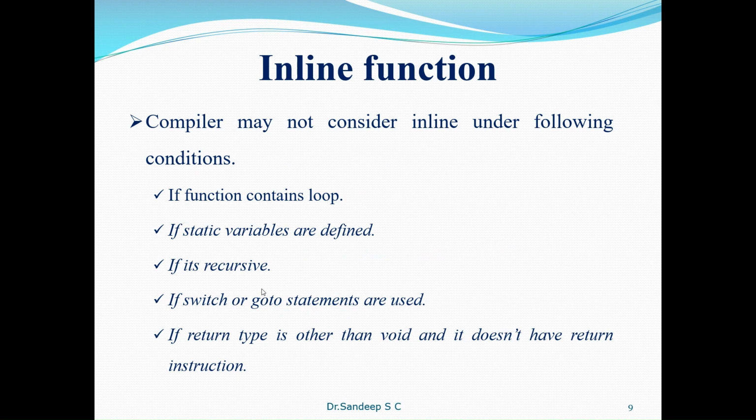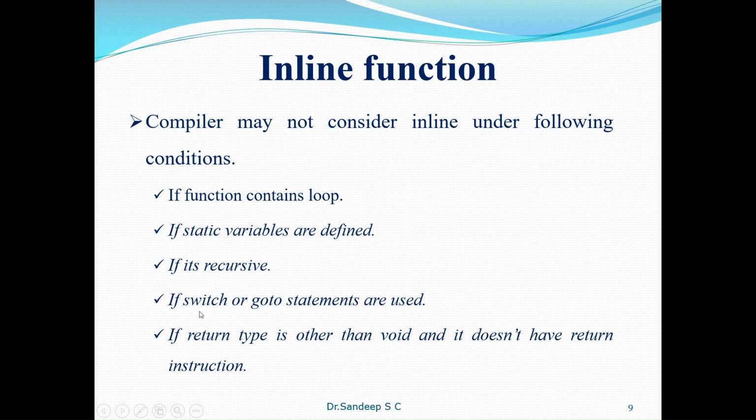Then in inline functions, if there are certain conditions, inline is not considered by the compiler, or the compiler will ignore it under certain conditions. First one, if the function contains a loop, then even if we write inline, the compiler ignores it. It will not consider those functions as inline functions. If we have any static variable defined in the function, then that function cannot be inline. If the function is recursive, it cannot be inline.